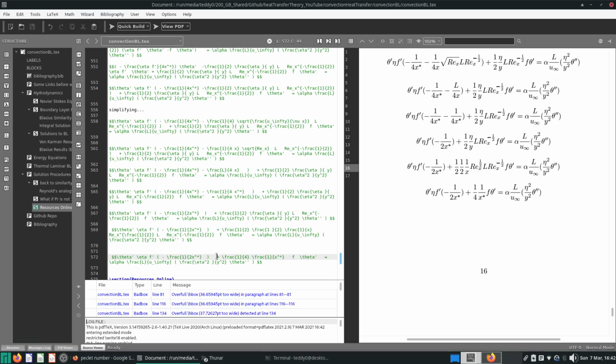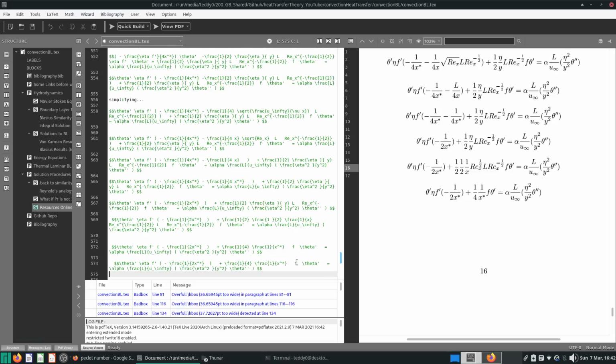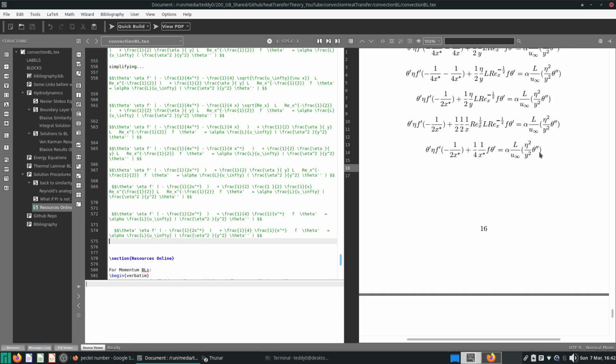On the right hand side, I guess we can just change it up a bit. We have alpha and everything here, so we'll take out the eta square over y square. I'll put a fraction 1 over 4, and you have fraction Rex over x square.